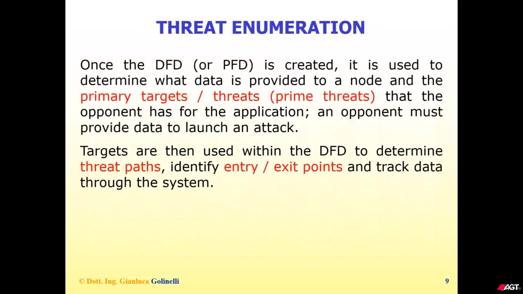Starting from the visual representation of the application, we move on to identify the threats that exist on the individual nodes by means of input data and the entire path that can be involved by the threats.